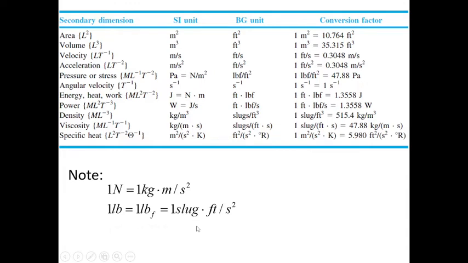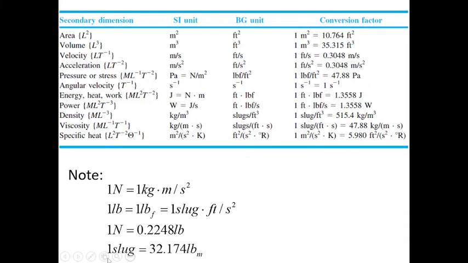Okay? So, then 1 Newton is 0.2248 pounds. Remember this conversion. For every Newton, there is 0.2248 pounds. For every slug, there are 32.174 lbm, pound mass.